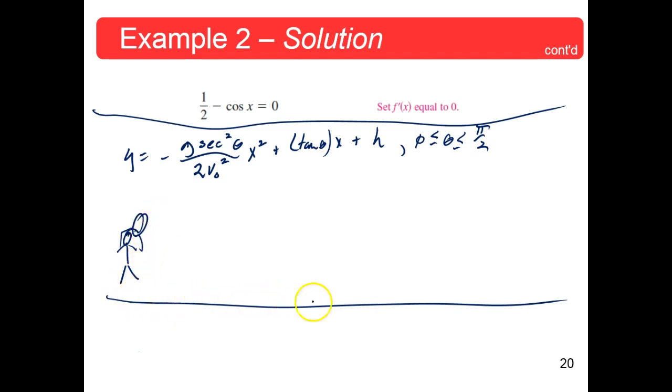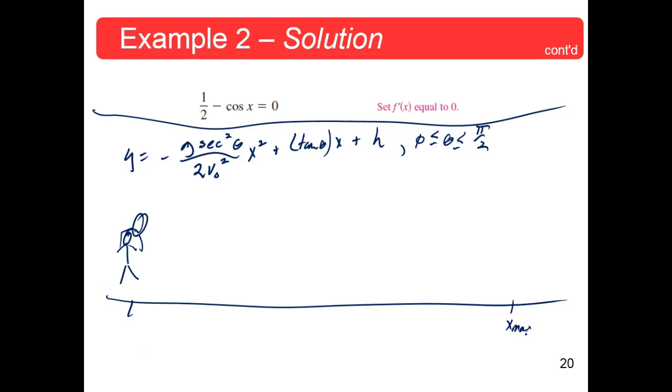The maximum horizontal distance, and most basketball courts, hopefully, are flat, right? So maximum horizontal distance, x, that's going to be what you're looking for, x max.